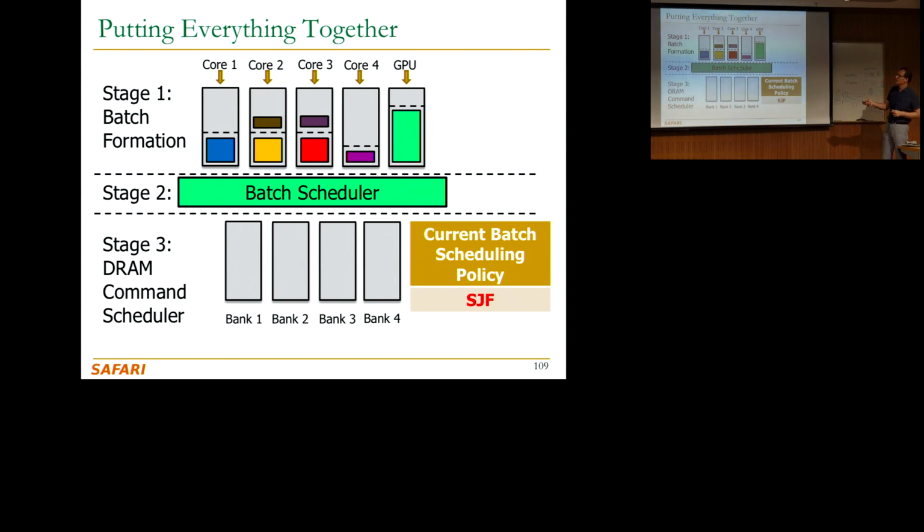there are 2 fundamental choices that you can make as an example. You can round robin between these queues for fairness. Or you could pick the shortest job first, which correlates with what we talked about earlier. Shortest job first maybe says that this core has fewer requests over here. So if you pick shortest job first, you schedule the request of this core.